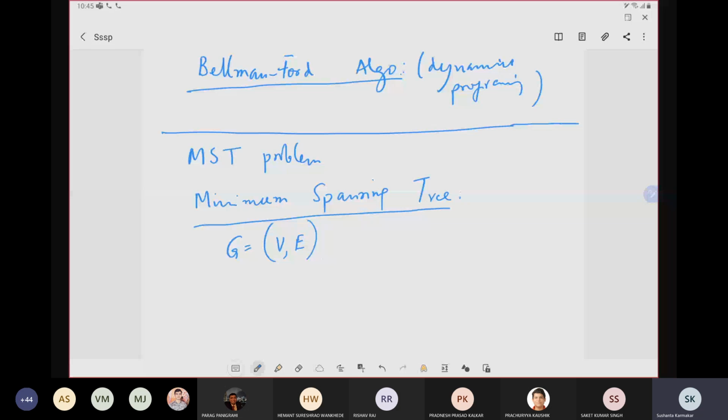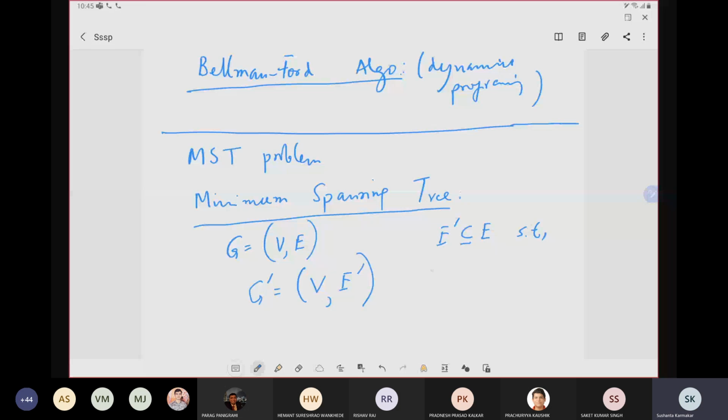The job of the minimum spanning tree problem is to find a subgraph G prime, which has the same set of vertices but a subset of edges E prime, where E prime is a subset of E, such that if you take the sum of the weights in this edge set that you have taken, that is minimum.